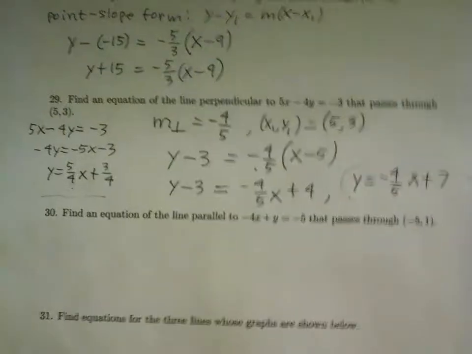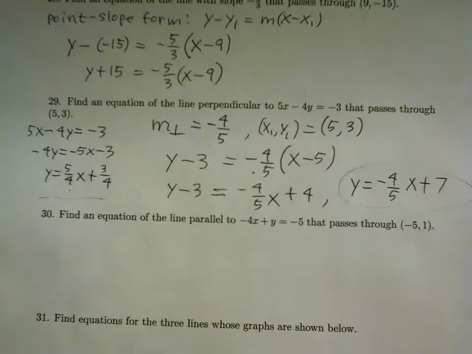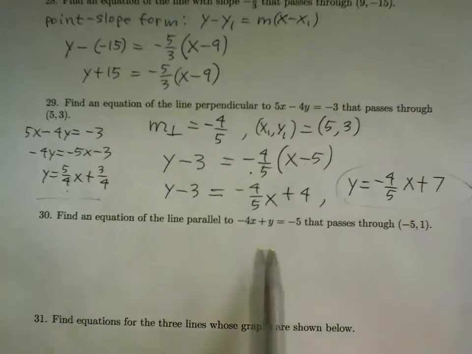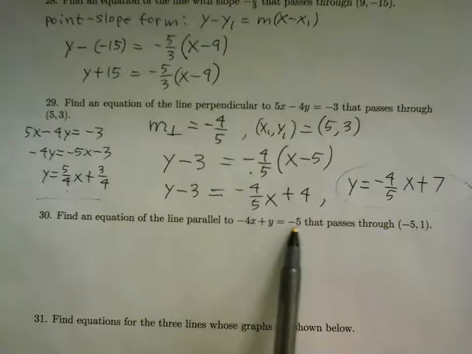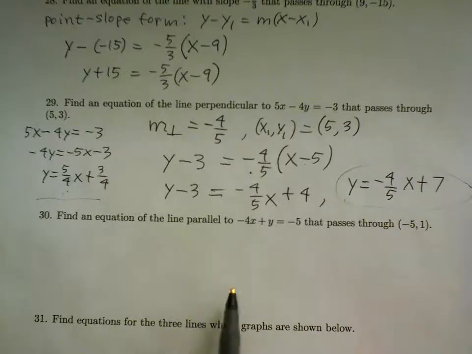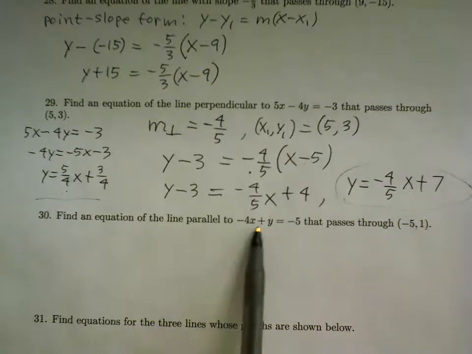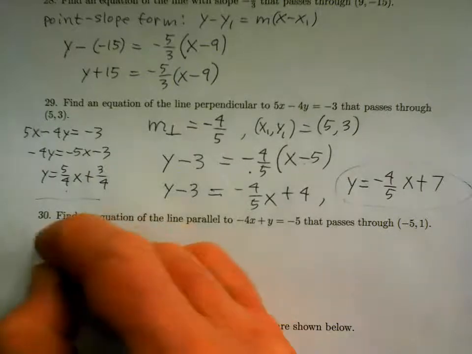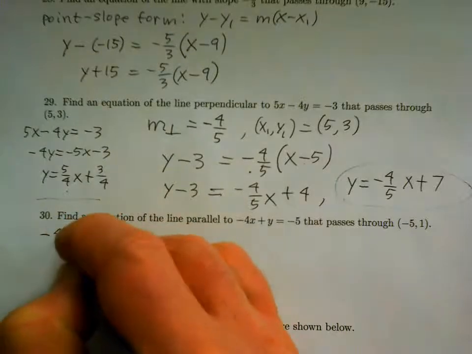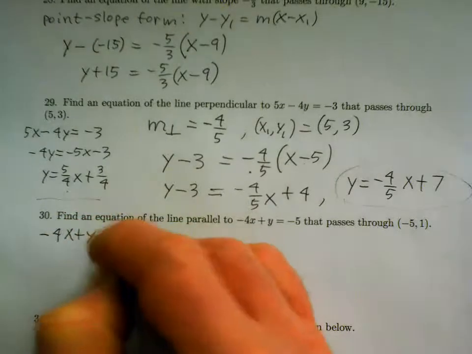Okay, on number 30, find an equation of the line that's parallel to -4x plus y equals -5. Okay, so we need to find the slope of this line, and the line that's parallel to it will have the same slope, and the new line passes through (-5, 1). So -4x plus y equals -5.